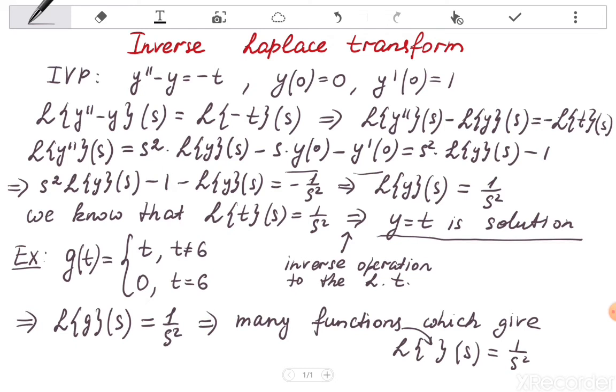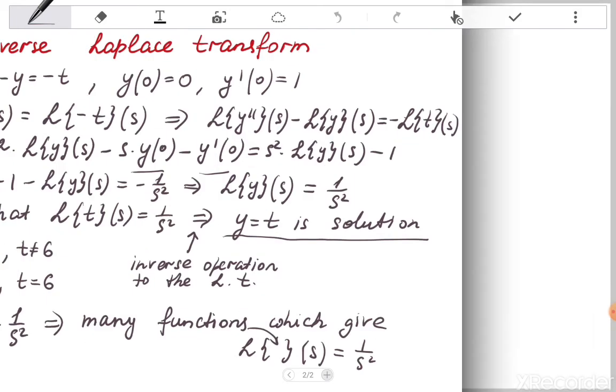So which function will we call the inverse Laplace transform, and which function should we choose when we solve differential equations like this? Let me write you the following result.